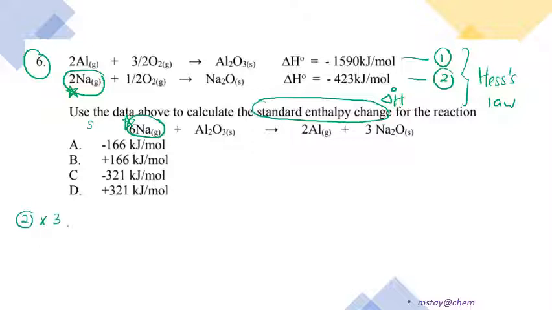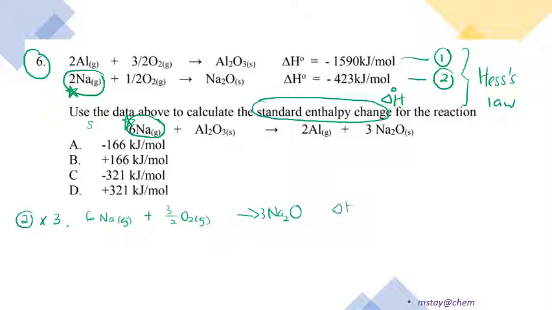Once multiplied by 3, we'll get 6 moles of sodium, and then 3/2 moles of oxygen gas, and then it's going to produce 3 moles of sodium oxide.